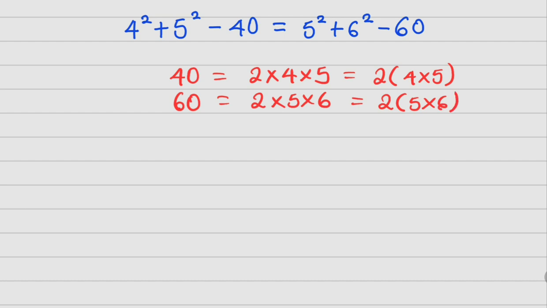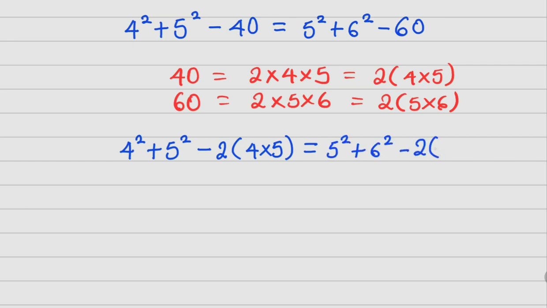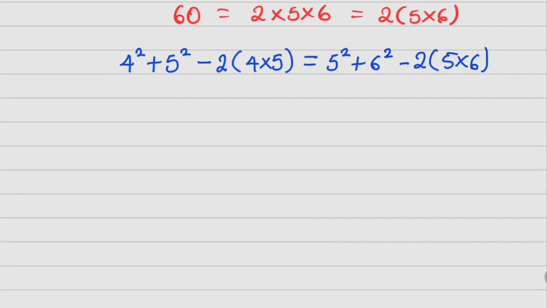Now I'll substitute for 40 and 60. So I'm going to have 4 squared plus 5 squared minus 2 into 4 times 5, which is the same thing as 5 squared plus 6 squared minus 2 into 5 times 6. Remember I told you they're special.